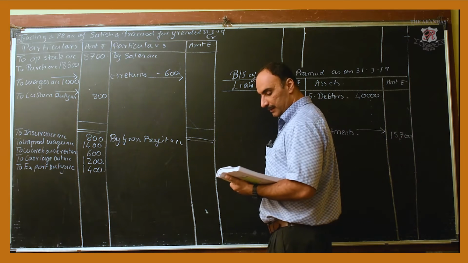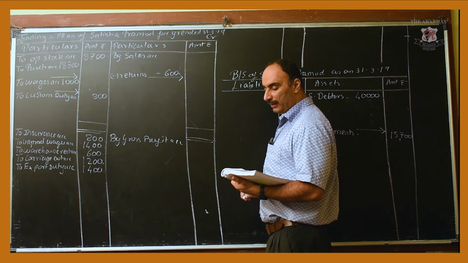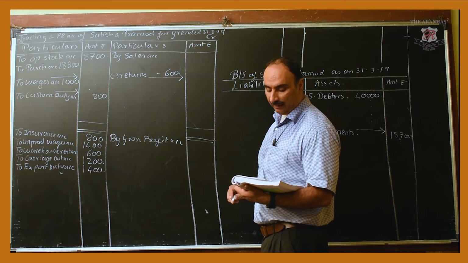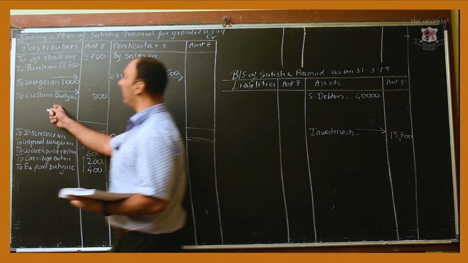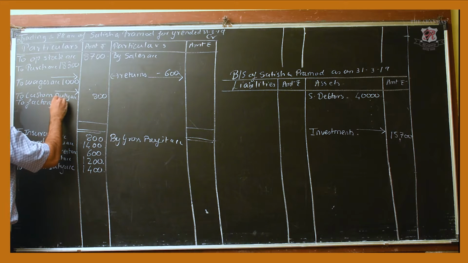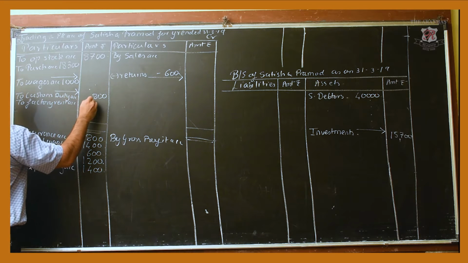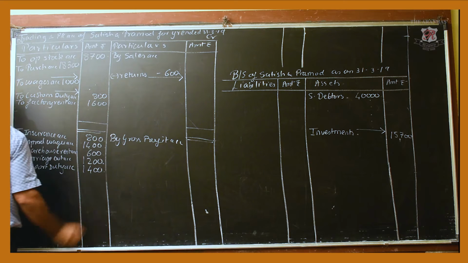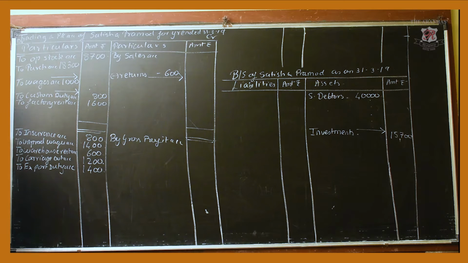That is my investments. After investments we have factory rent. Factory rent is a manufacturing cost. It will go to trading account debit side to factory rent account. 1,600 is my factory rent.